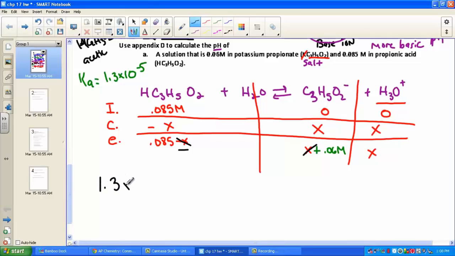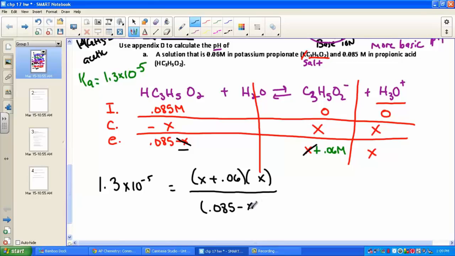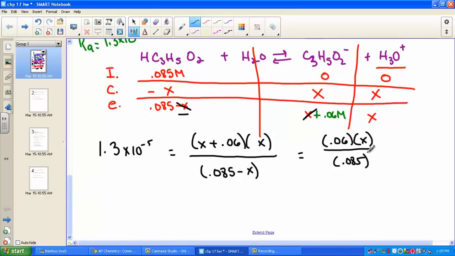Now let me set this up. Ka would be equal to x plus 0.06 times x, the value of our two products, over 0.085 minus x. What we're suggesting is that the value of x compared to these original concentrations is indeed negligible. So they're probably worth tossing out, and we would just get 0.06 times x over 0.085, making the algebra a little bit easier.